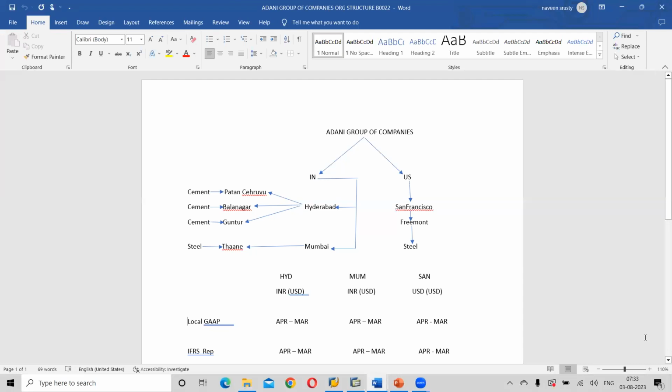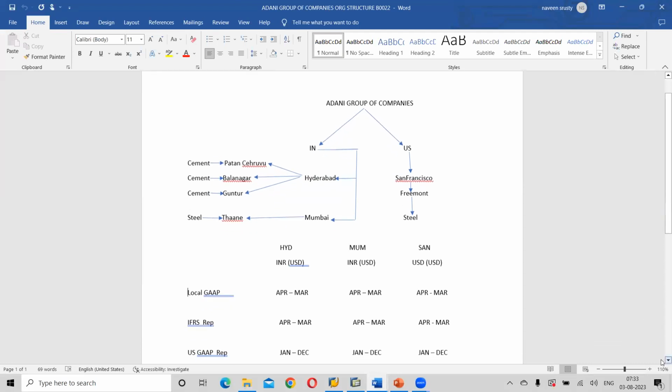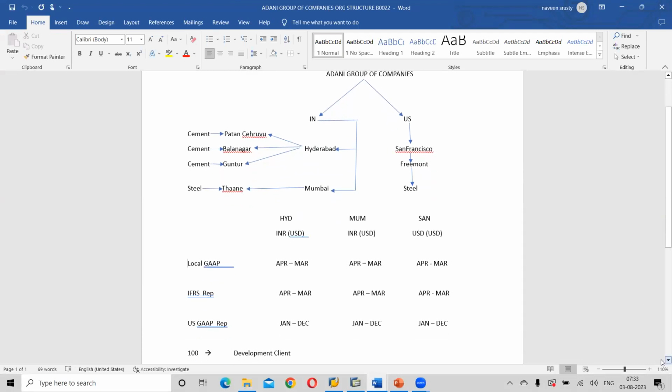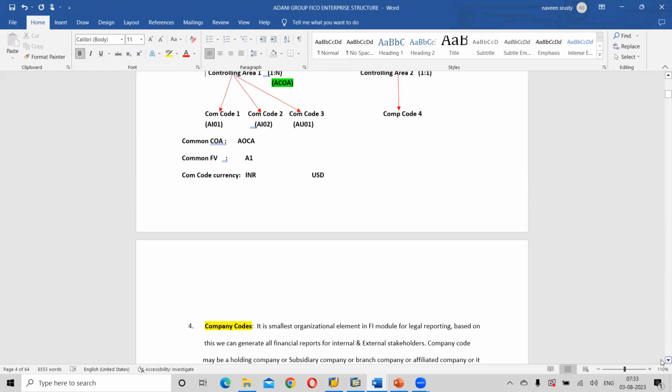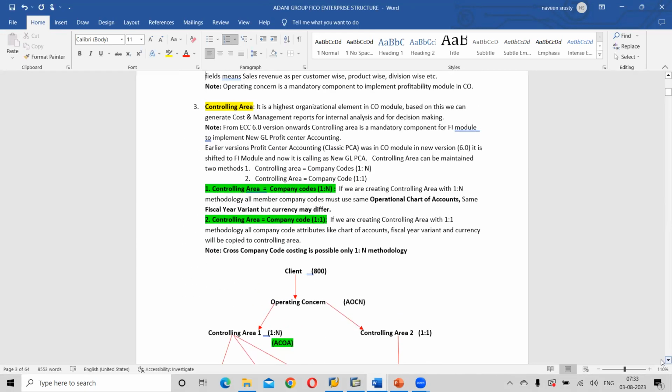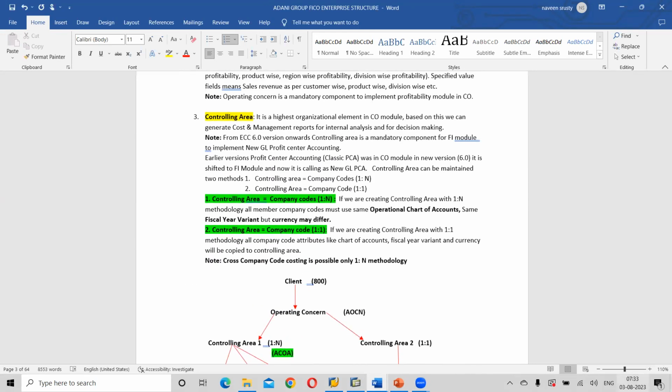So when can we use the controlling area 1:n methodology? It should use the same chart of accounts, meaning the same list of ledger accounts for all the member company codes.